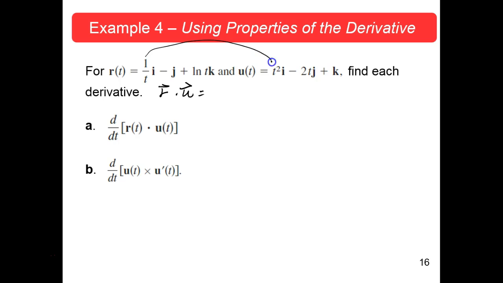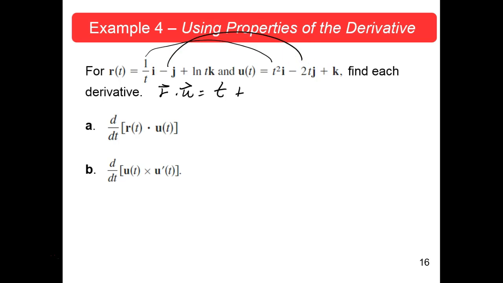You multiply the two first components together, and what do you get? One over t times t squared is t squared over t, which reduces to t. Okay. Then the next is going to be a plus, because it's a minus times a minus. So you multiply these two together, and what do you get?